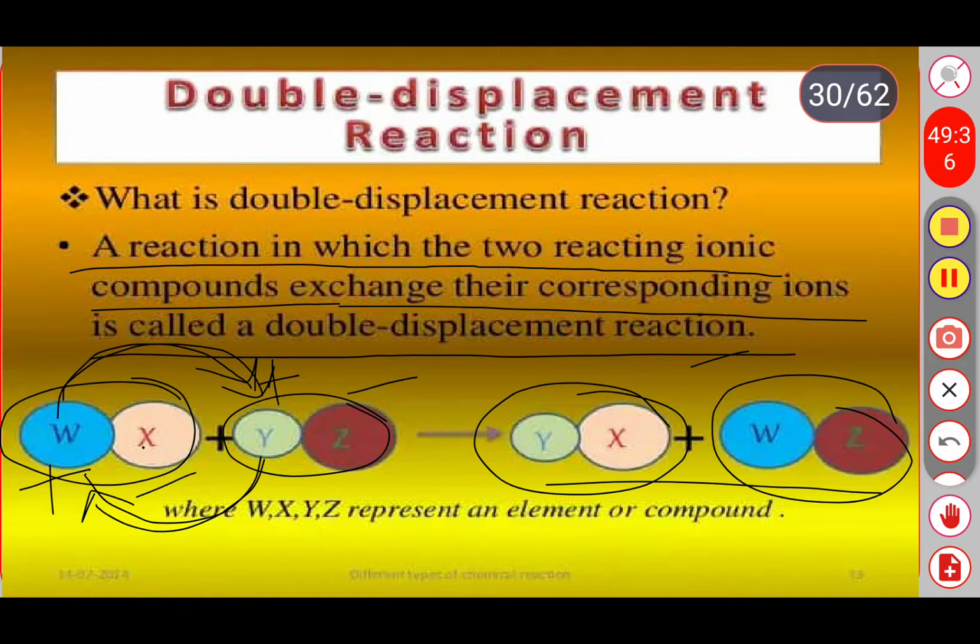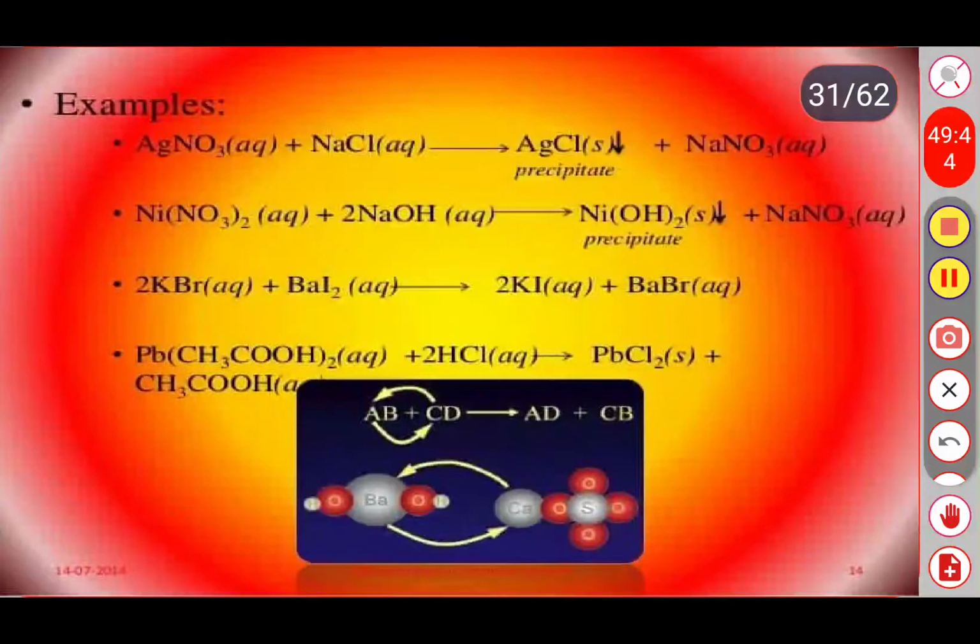What is the first one? Silver nitrate and sodium chloride. What are the positive ions present here? Silver and sodium. So just replace these two. Silver will combine with the chlorine and sodium will combine with the nitrate.